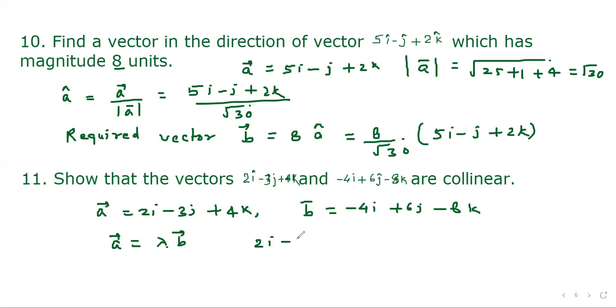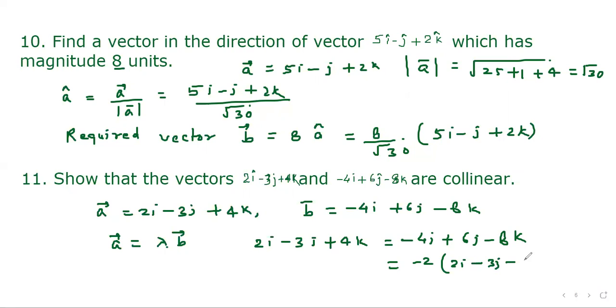If we write 2i minus 3j plus 4k and minus 4i plus 6j minus 8k, here we can take common minus 2. We will get 2i minus 3j plus 4k. The minus sign is taken common, so it will become plus 4k. So this is vector B and this is vector A.